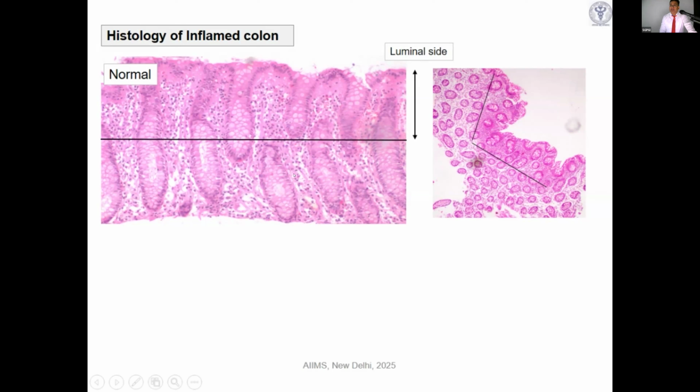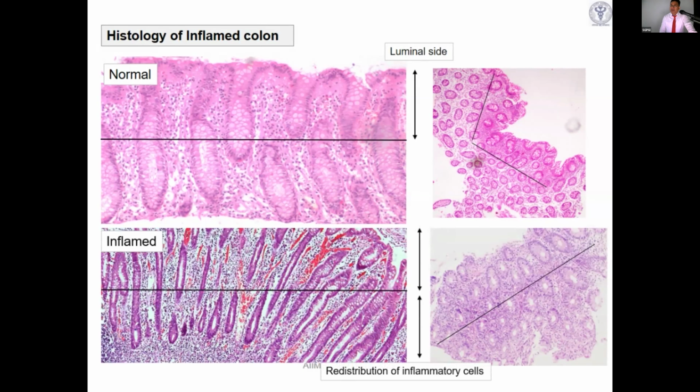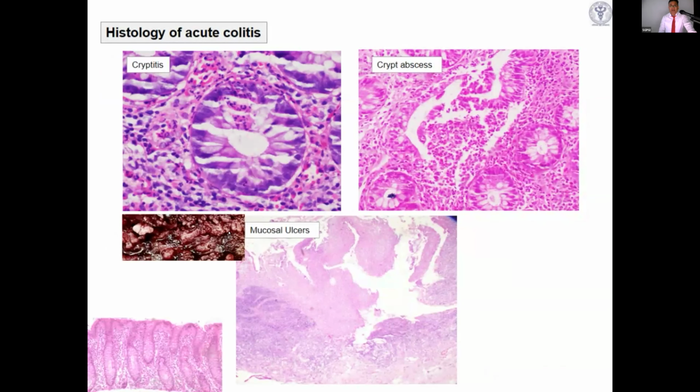They are not redistributed into the lower half. Unlike this one, where the crypt arrangement is still preserved, but the number of inflammatory cells is greater and they have redistributed into the lower half, then we say this is possibly inflamed.